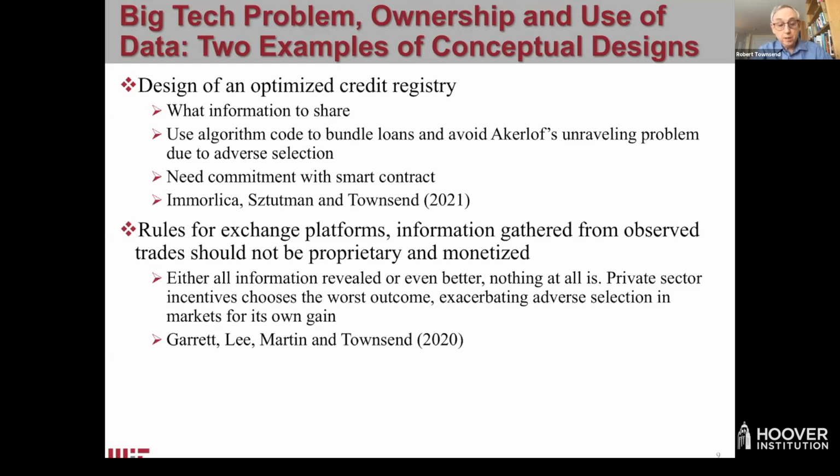It turns out that the private sector, if it were to choose to sell some of that information, would do the worst possible thing and exacerbate the adverse selection problem for its own gain. Whereas a better scheme is to reveal nothing or everything. Again, something which in principle can be automated with smart contracts and the tools that we have. And this again is joint work with Garrett, Rod, and Lee and Martin at the New York Fed.